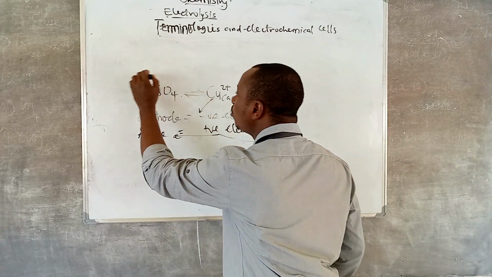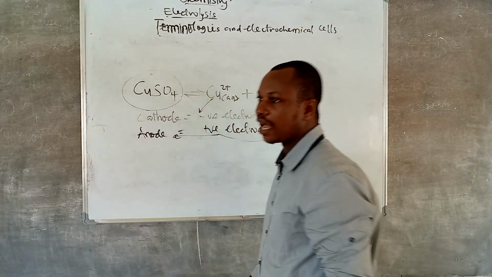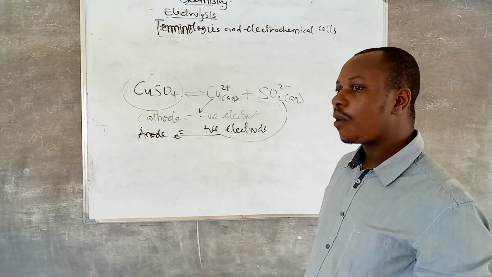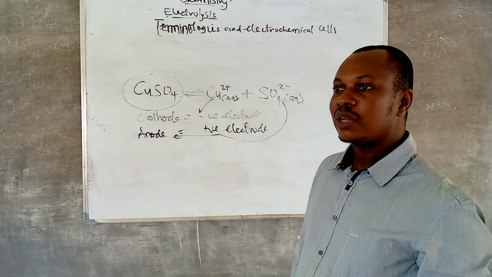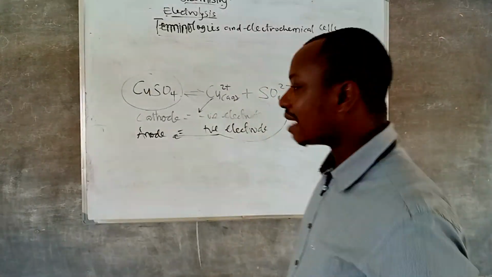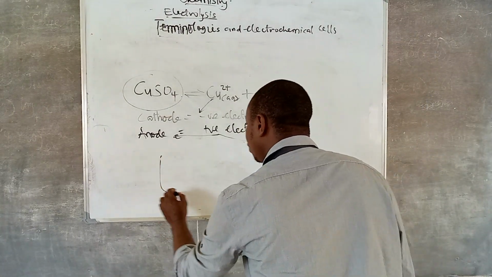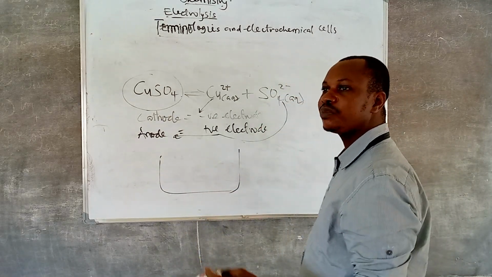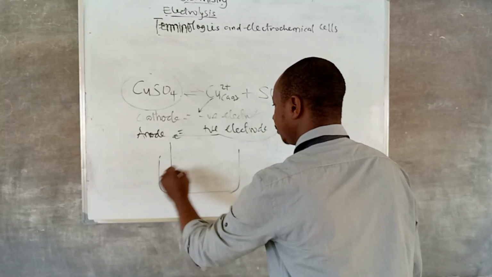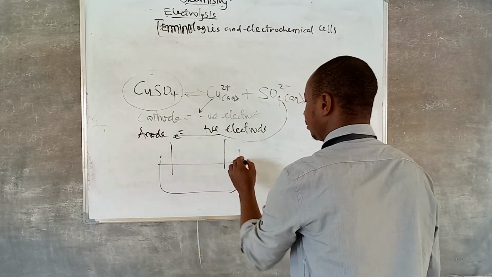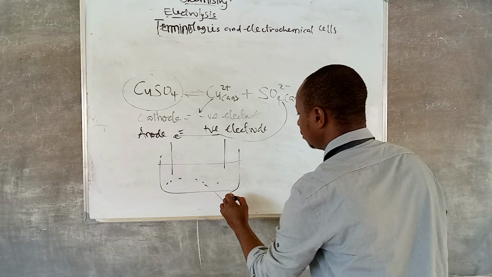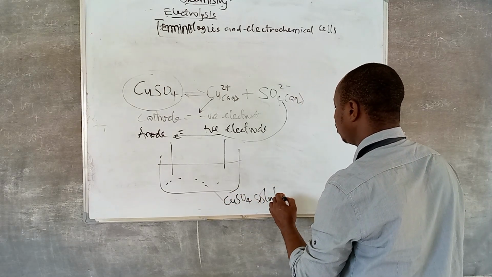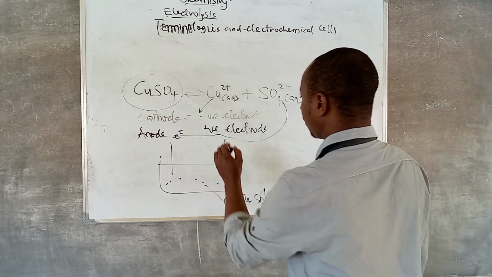This is just an example of electricity. Don't forget that when you put this thing into water, it will form an electrolyte. So that is what we mean by electrolytic cell, and that setup, let me do a rough sketch. That setup is simply what we call an electrolytic cell. This is copper(II) tetraoxosulphate(VI) solution.